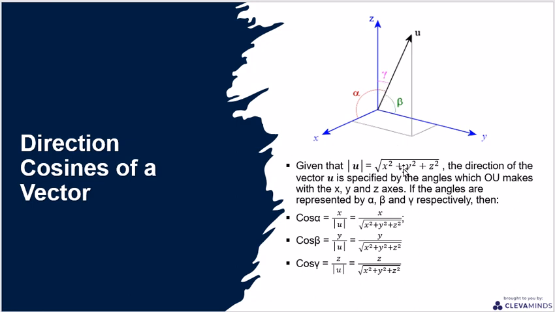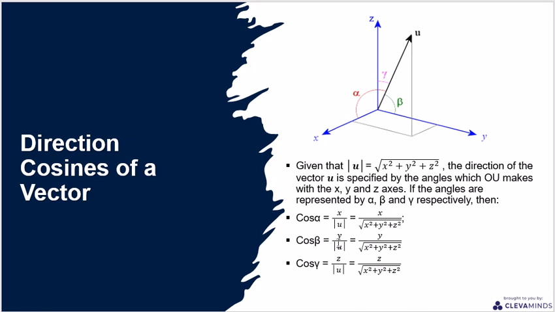So these are the angles the resultant vector OU makes with the unit vectors of OX, OY, and OZ respectively. The direction cosines are given as cos alpha equals x over the magnitude of u, which is this.